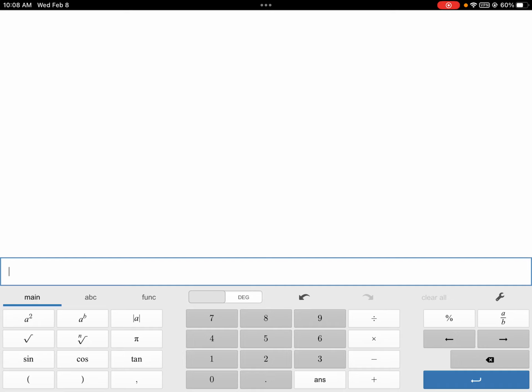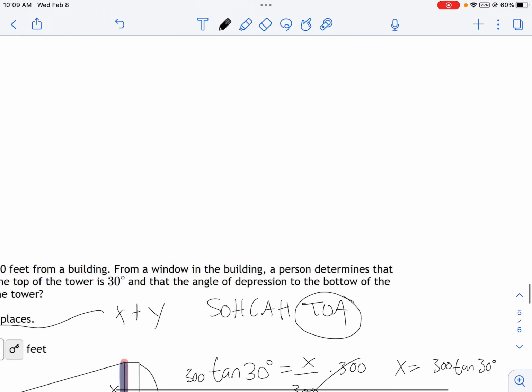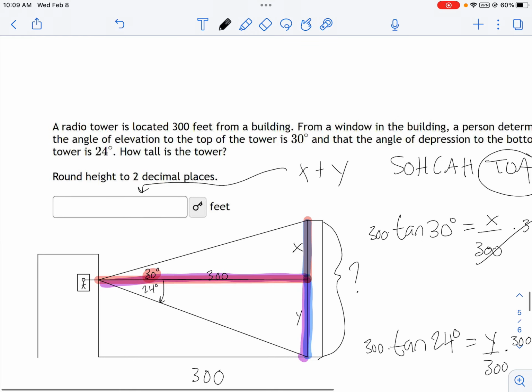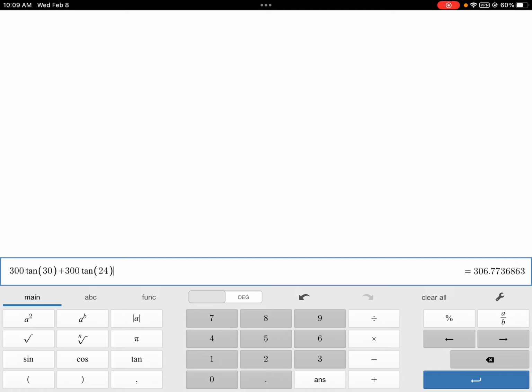So first one, we have 300 times tangent of 30 degrees, plus 300 times tangent of 24 degrees. Just put it right in, answer comes back. Does it say what terms on this one? Round the height to 2 decimal places. Sorry. Going back, the first decimal place is a 7, next one is a 7.